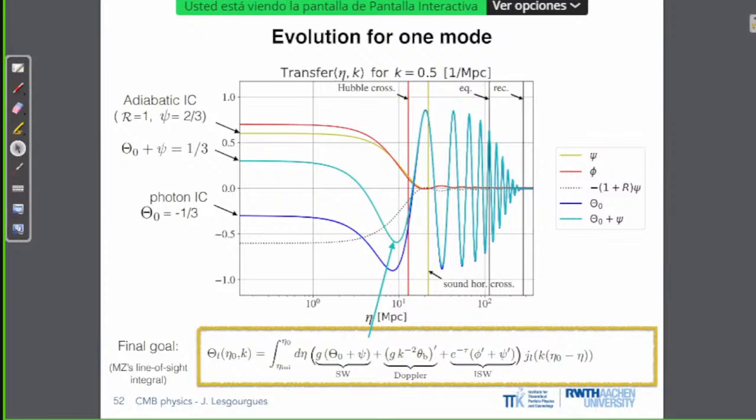So the light blue curve, which is corrected by the Sachs-Wolfe effect, looks qualitatively similar to the dark blue curve, which is theta 0, except that the first oscillation looks a bit different. For instance, you see that this curve is crossing 0 here, while theta 0 is not. The crossing of 0 can be identified later as a pattern in the CMB spectrum. Okay, so we have understood this term. We have understood the Doppler term. We leave the integrated Sachs-Wolfe for later on.